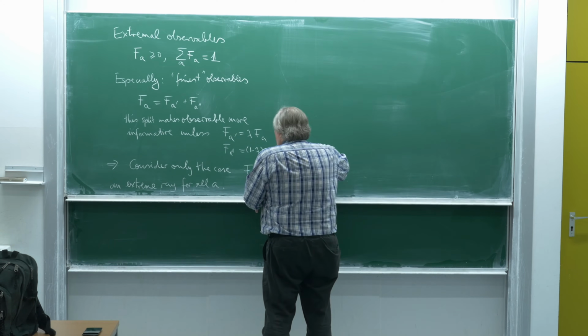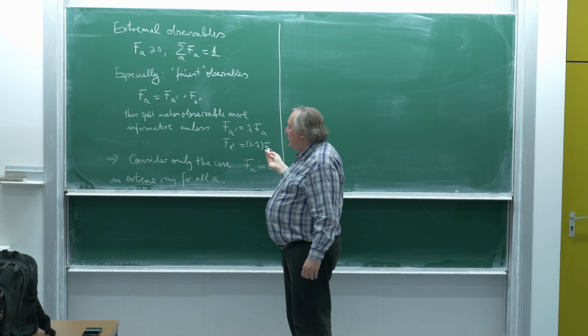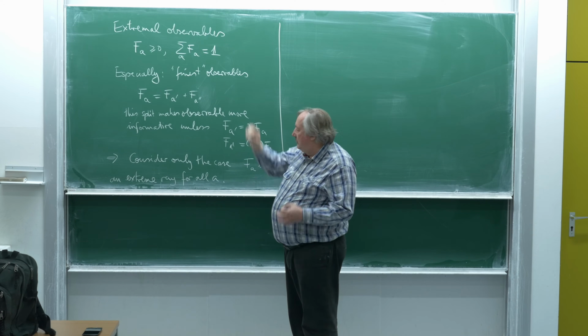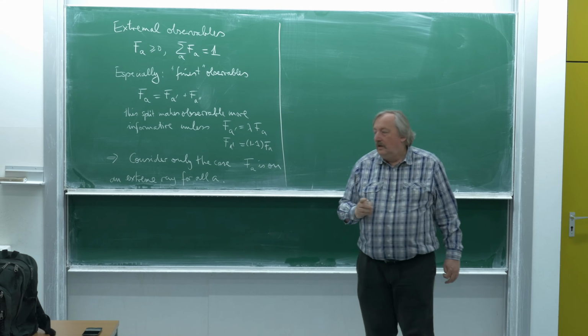Right? And of course we know what the extreme rays are. They are just the proportional, I mean, each ray consists of the multiples of a one-dimensional projection. Right?